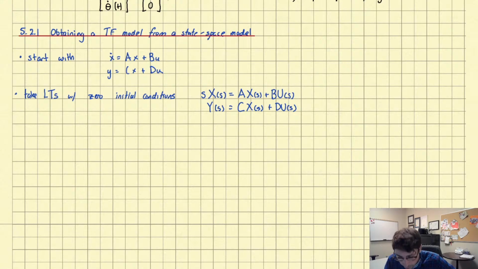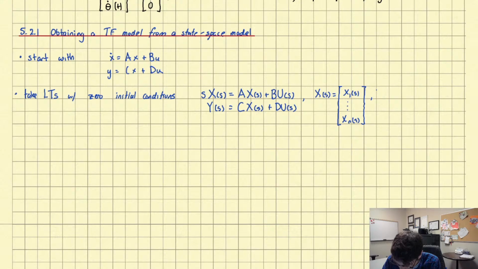Okay, so here, I do want to point out that x of s is a vector, because remember, our state vector could be large. Think of the quadrotor example. There we had 12 states. So x of s here is the Laplace transform of 12 different states. So x1 of s, and in general, we said n was the symbol we were going to use. So that's a vector.